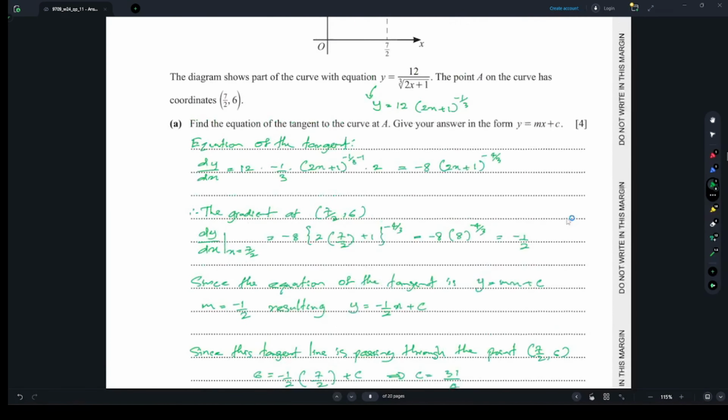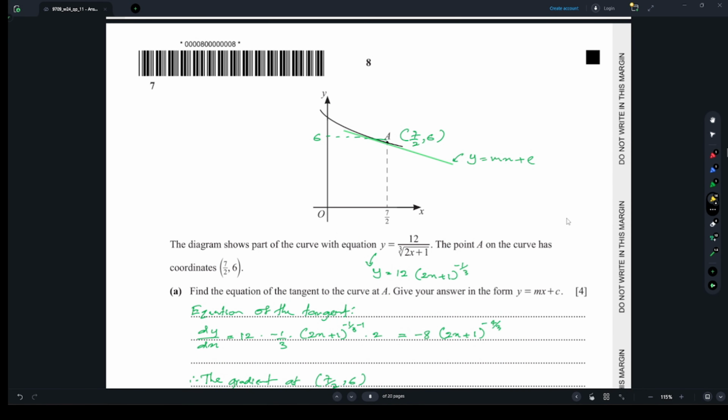So that means x equals 0 is the y-axis, and then x equals 7 over 2. So this is the area they are asking you to find out.